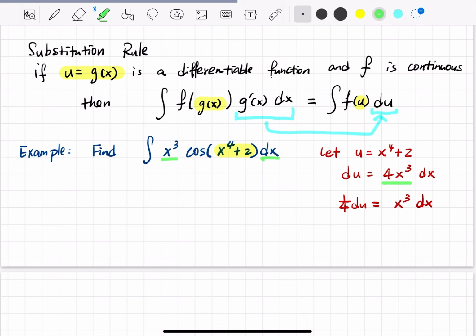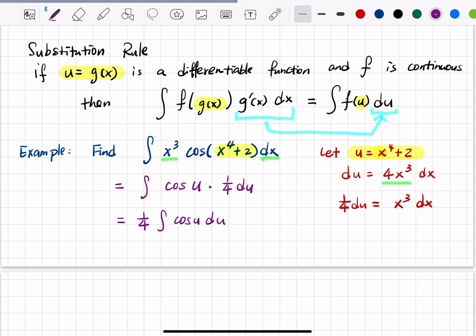Now x cubed dx can be replaced by 1/4 du, and x to the fourth plus 2 can be replaced by u. So this problem can be rewritten as the integral of cosine of u multiplied by 1/4 du. We can put the 1/4 in front.